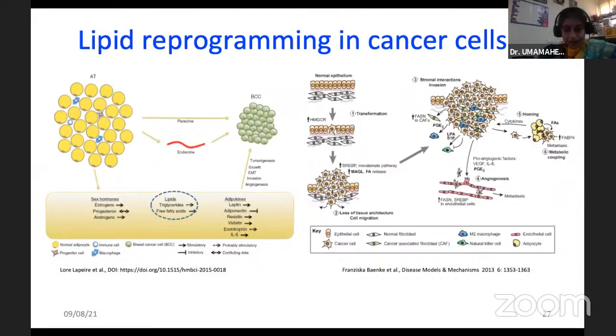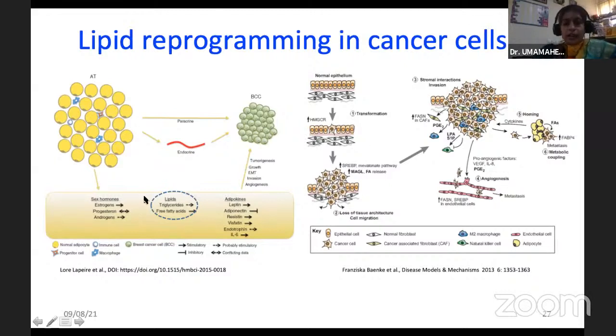Like in the case of carbohydrate metabolism, the cancer cells also have a different way of utilizing lipids. So the distribution of lipids and the type of lipids that are distributed in these cells are quite different from what is seen in normal cells.